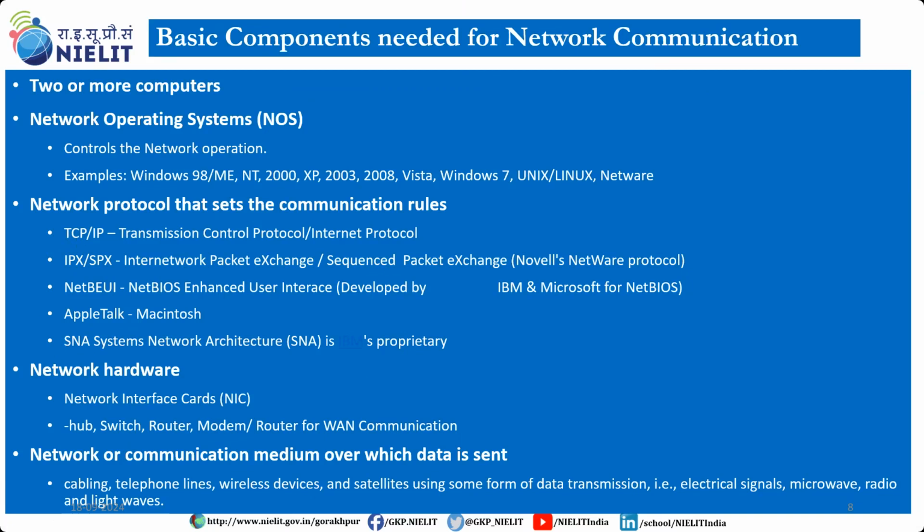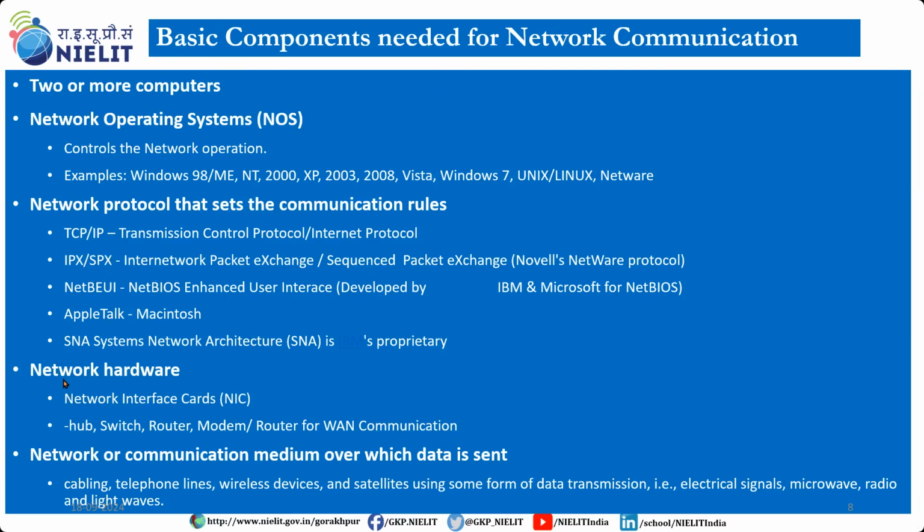Our entire internet, our entire network communication, whether it is happening on mobile communication or over the computer network, LAN, WAN, MAN, PAN, everywhere we have TCP/IP software in our device. In addition to that, we need an operating system plus some network software, in our case TCP/IP software.